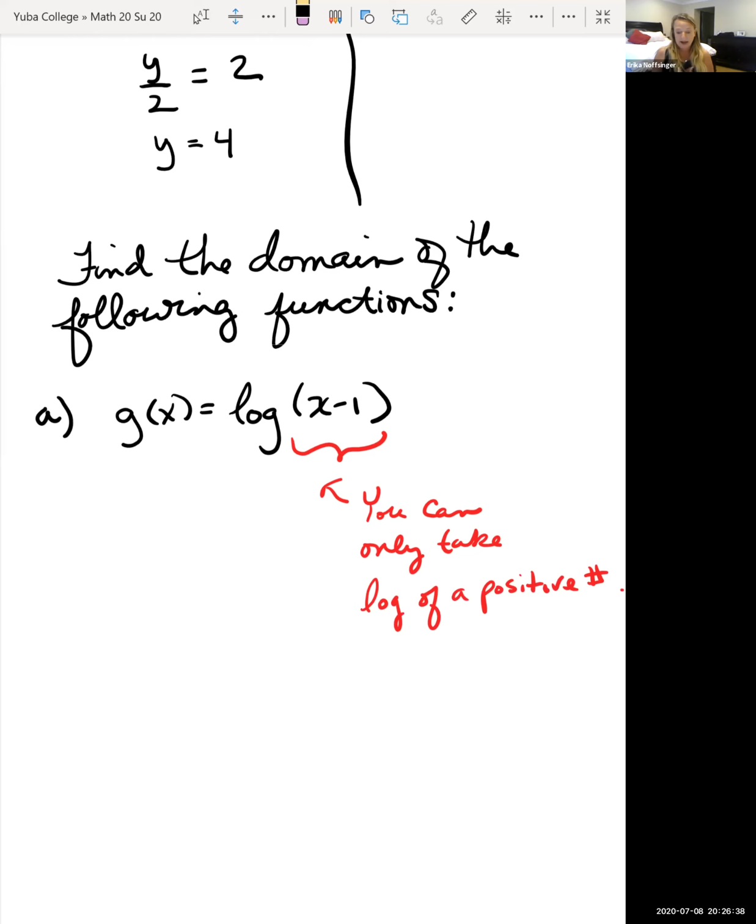That doesn't mean my answer can't be negative. It just means I can't take the log of a negative number. You can only take a log of a positive number, which just means the same thing.